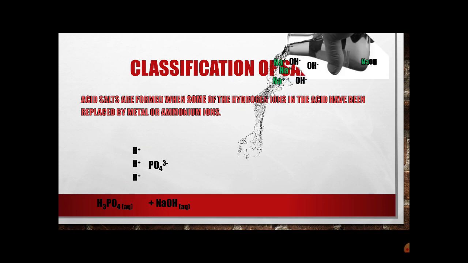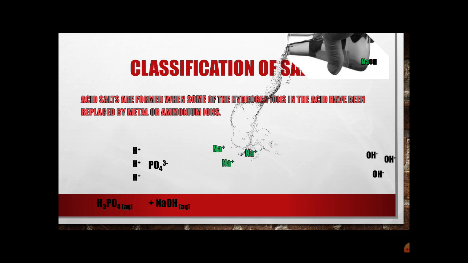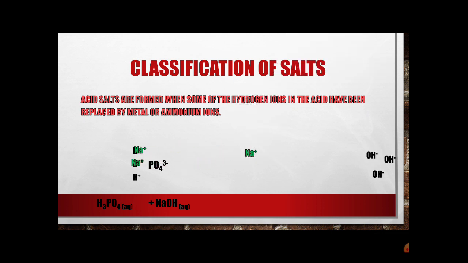If 2 protons are replaced by 2 sodium ions, the formula will be Na2HPO4, since only 1 hydrogen remains.